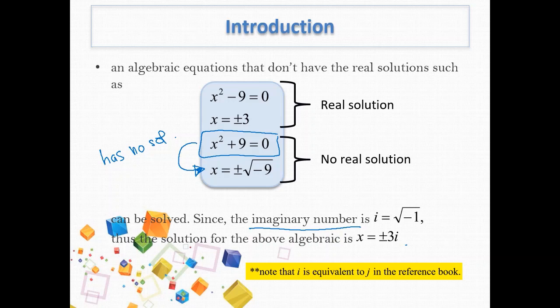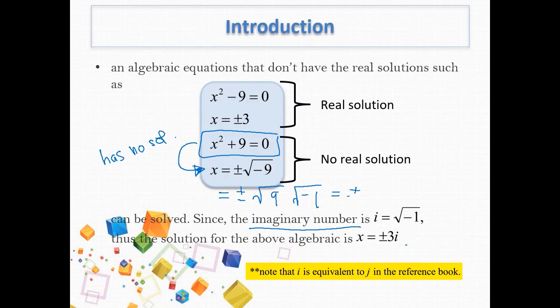How do we get plus minus 3i? This is the continuation of this. We have plus minus the square root of negative 9. We separate it into the product of the square root of 9 multiplied by the square root of negative 1. What is the square root of 9?